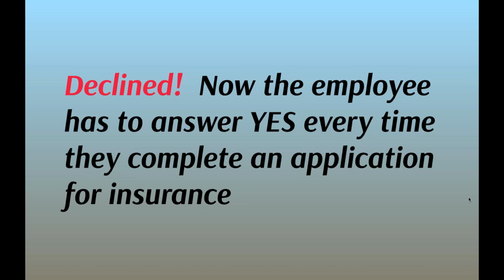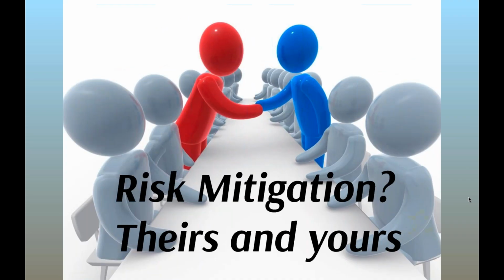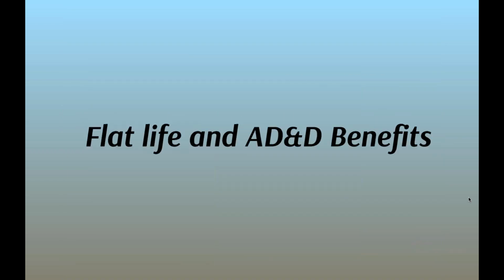But now the employee has to answer yes every time they complete an application for insurance that asks, have you ever been rated or declined for insurance? And the answer is going to be yes. In my opinion, you don't want to be put in the position of having to tell someone they're declined because it's a short form medical application and it's just becoming more and more confusing. So the risk mitigation is theirs and yours.